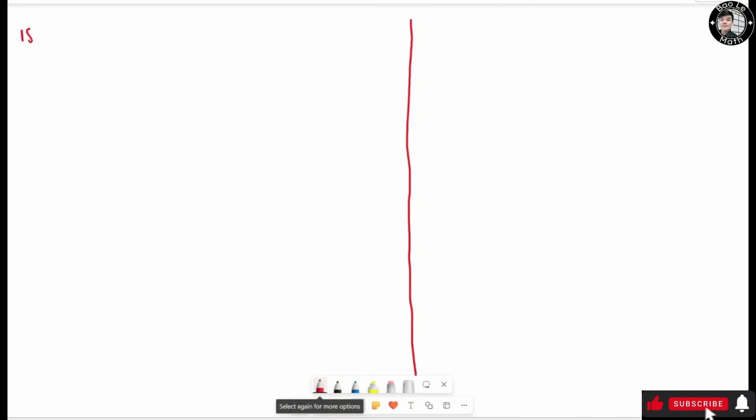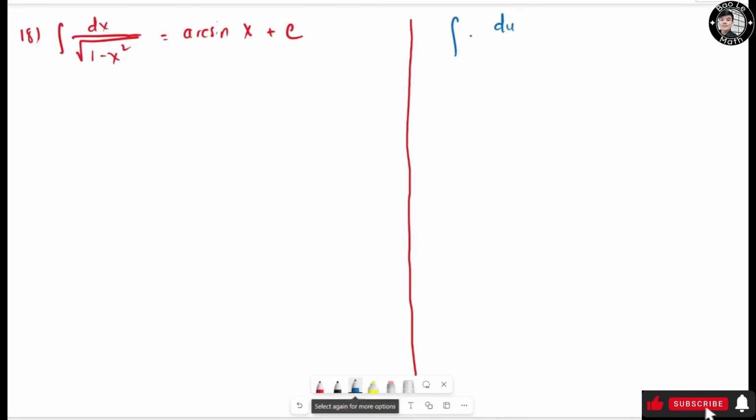Now number 18. If you have the antiderivative of ds over the square root of 1 minus s squared, it's going to be inverse sine s plus c. If you have the antiderivative of du over the square root of a squared minus u squared, it's going to be inverse sine of u over a plus c.